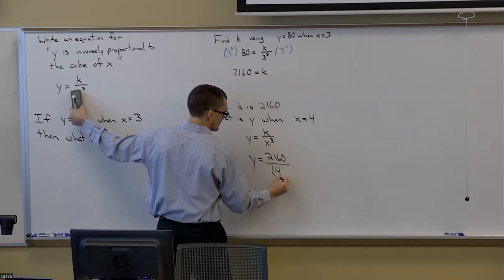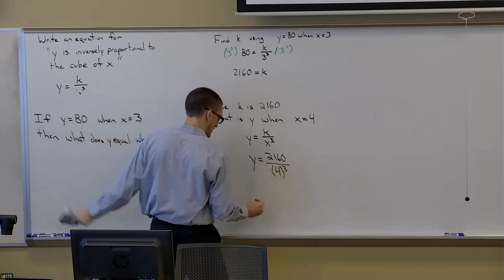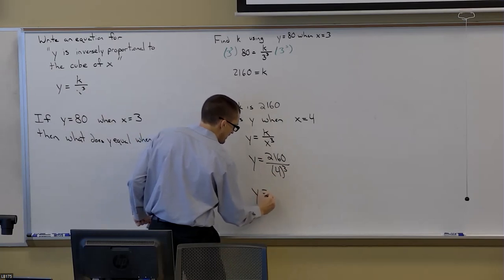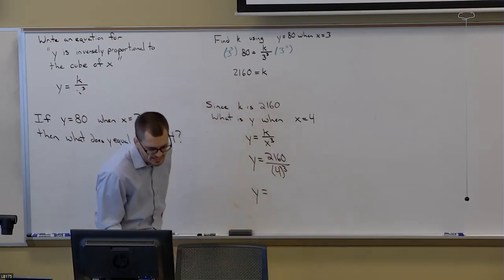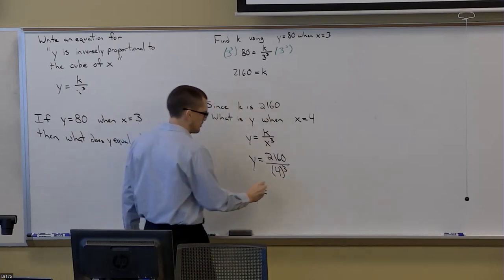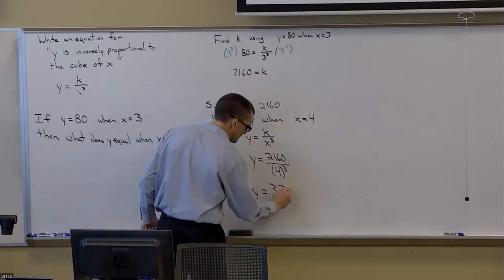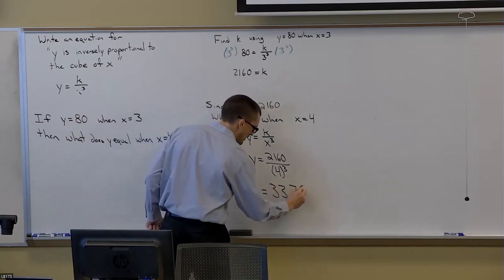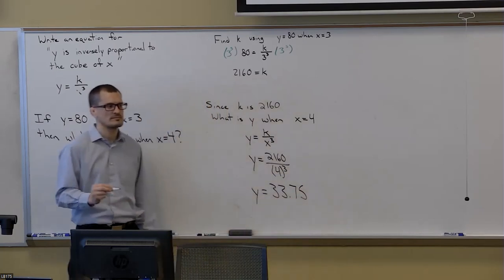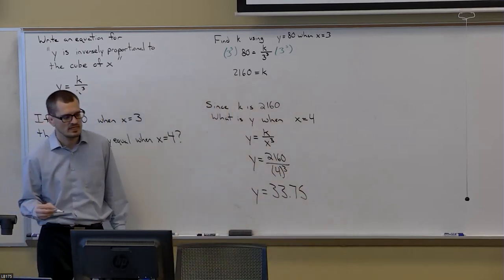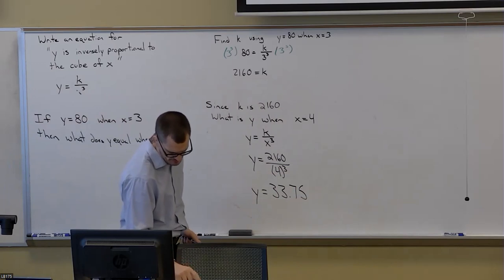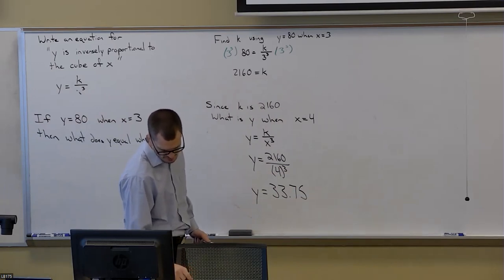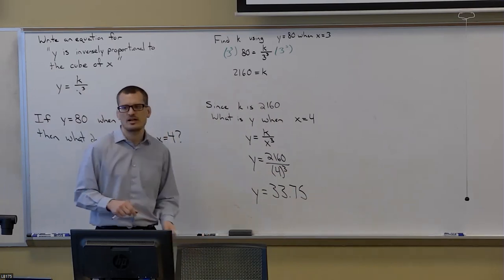I know x is 4. So I put that in. And as a decimal, I got 33.75. I don't know what that is as a fraction, probably an ugly fraction, but yeah, 135/4 is the fraction.